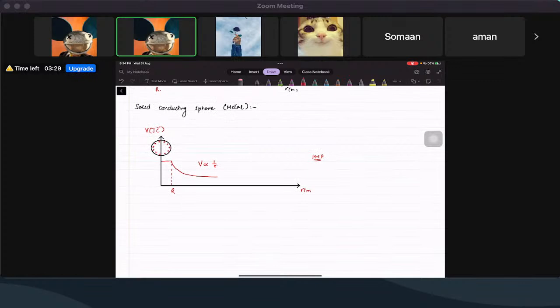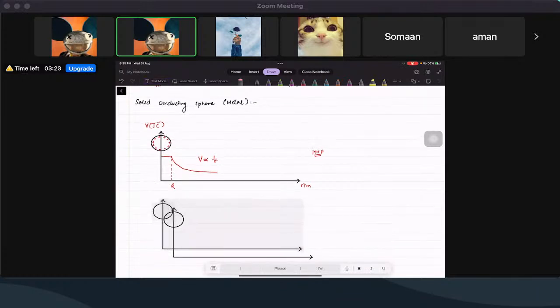Then if we want to draw the electric field strength graph for this, which is easy, you can just draw the gradient. This is E, Newton per coulomb. This is R, meters. Because it is a flat line, the gradient is 0.